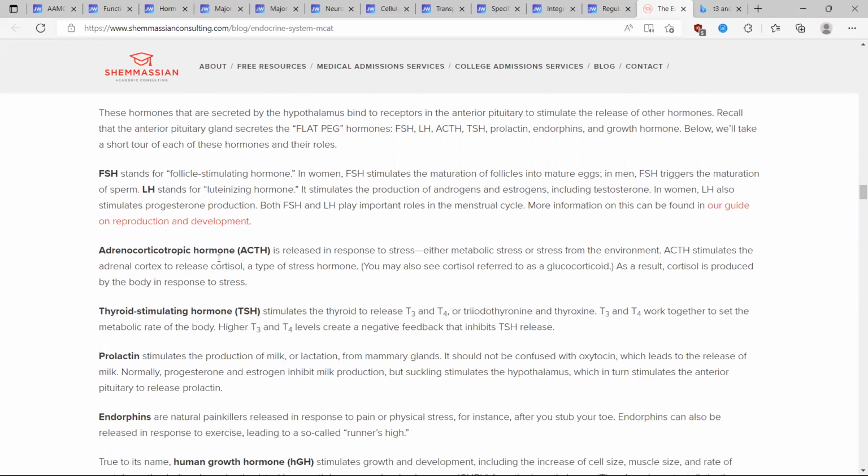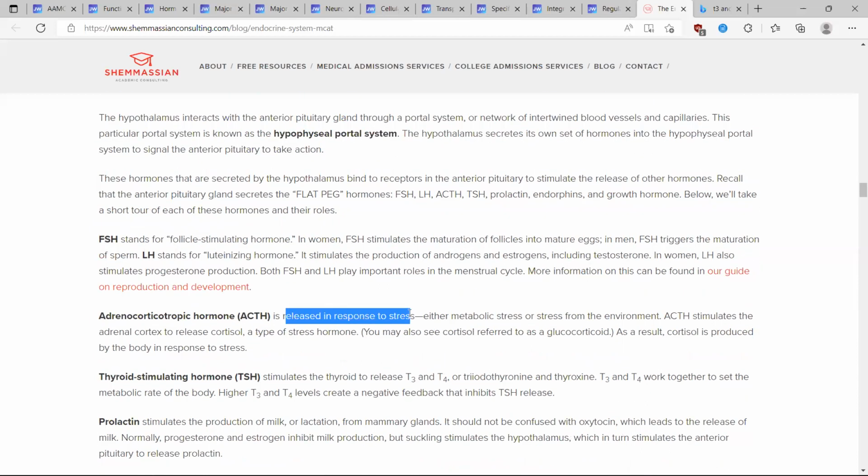So the next one is adrenocorticotropic hormone, right? As soon as you see cortico, you think of cortisol, you think of stress, right? Released in response to stress, either metabolic stress or stress from the environment. ACTH stimulates the adrenal cortex to release cortisol, a type of stress hormone. You may also see it referred to as a glucocorticoid.